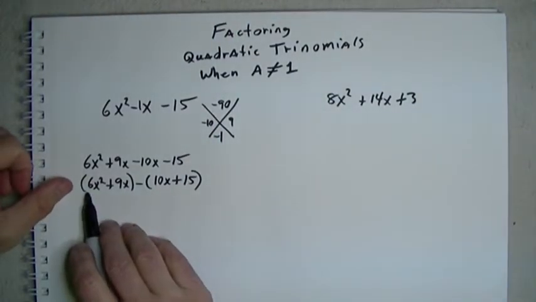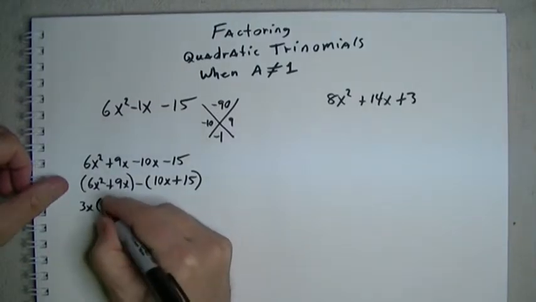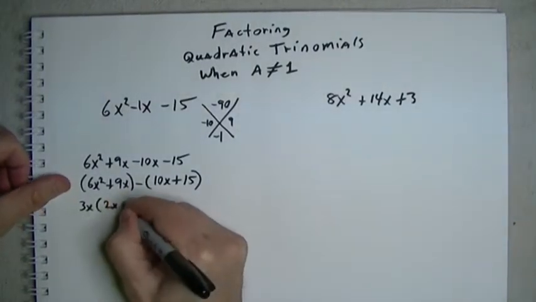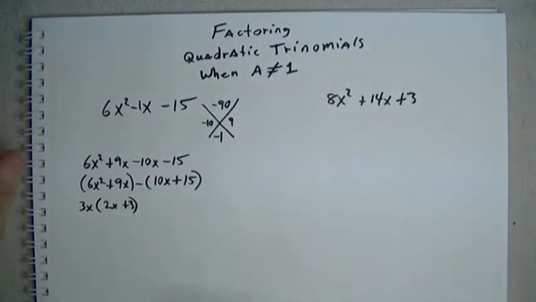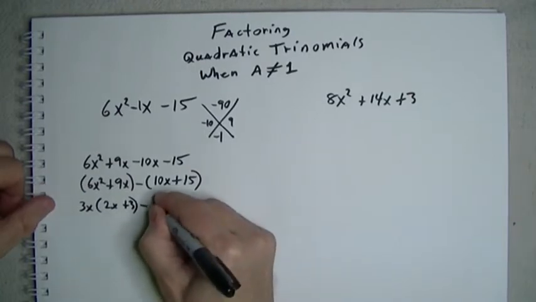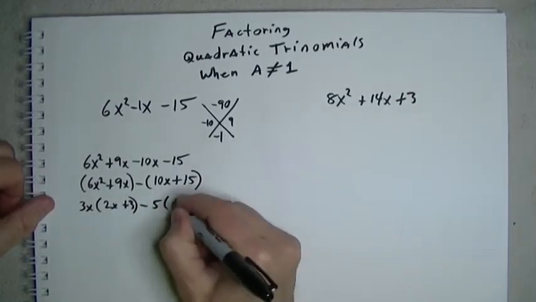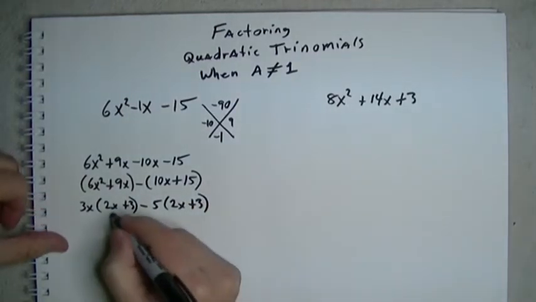I can take a 3x out of here, and of course that's going to leave 2x plus 3. Minus, here I can take a 5 out. And that's going to leave, guess what, a 2x plus 3. Excellent.